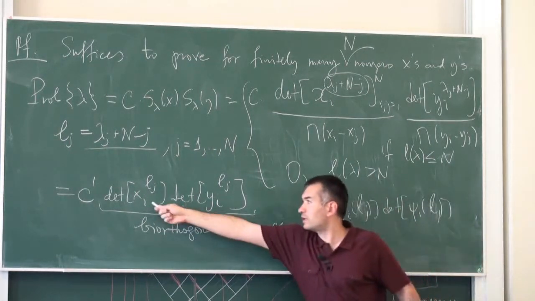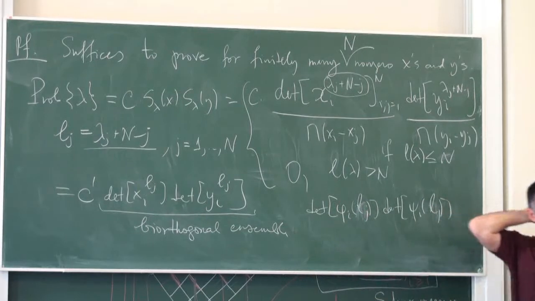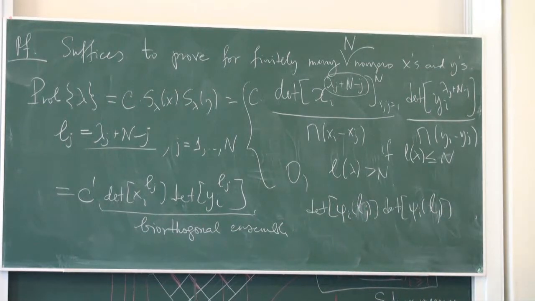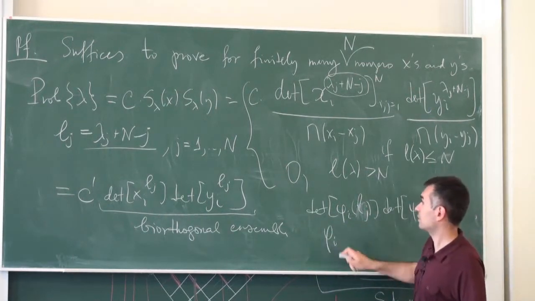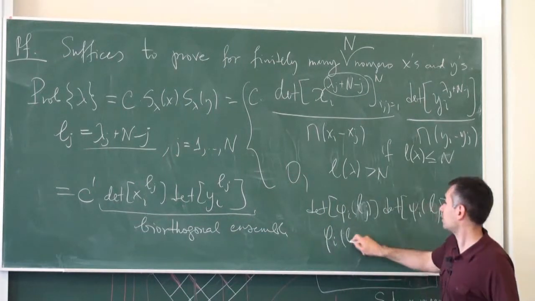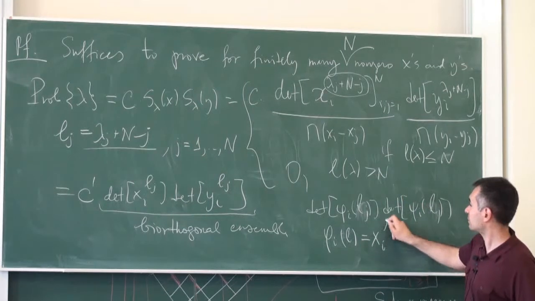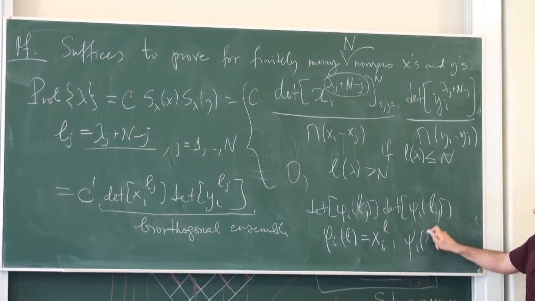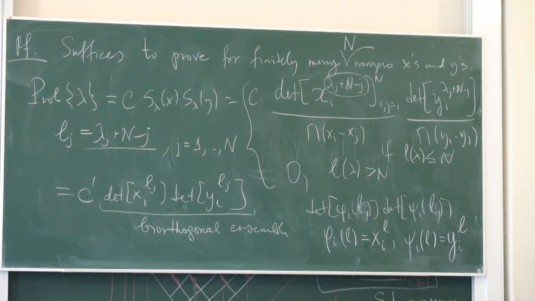These are our phis and psis, and L is the random object. So phi_i of L is x_i raised to the power L, and psi_i of L is y_i raised to the power L.